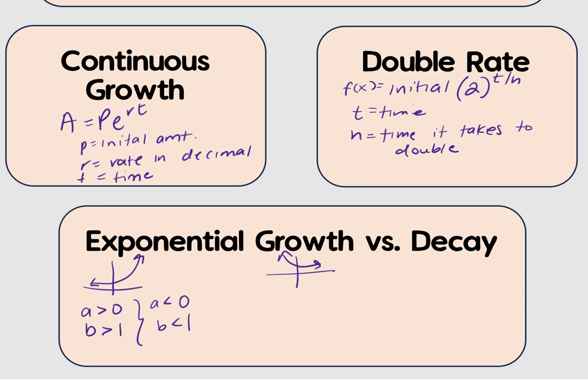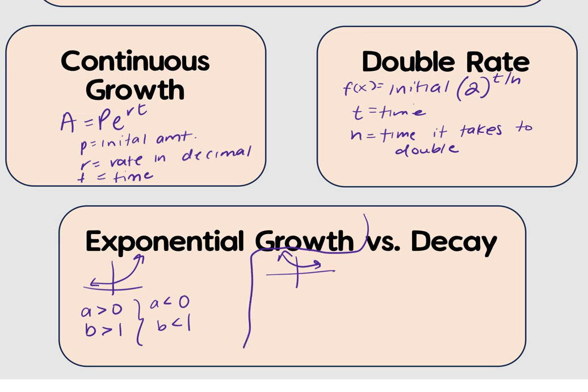So if it starts as a fraction that's raised to a negative number, it flips it, so it makes it growth. If it starts as a whole number raised to a positive value bigger than 1, then there's growth.